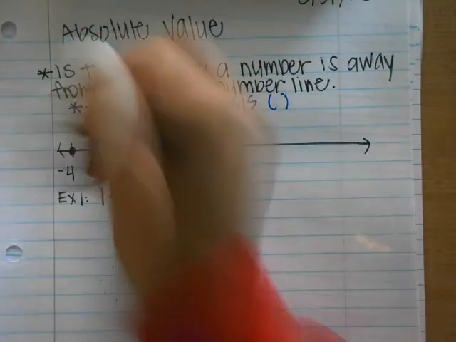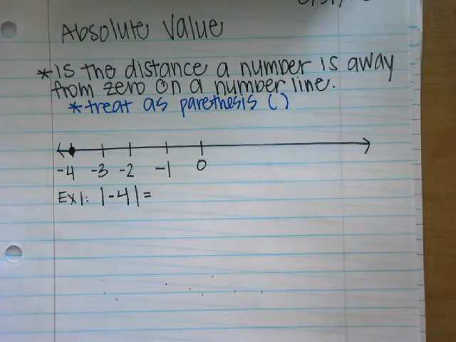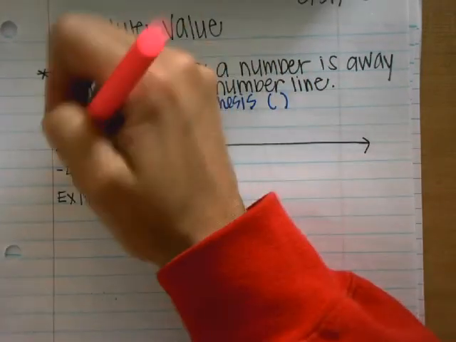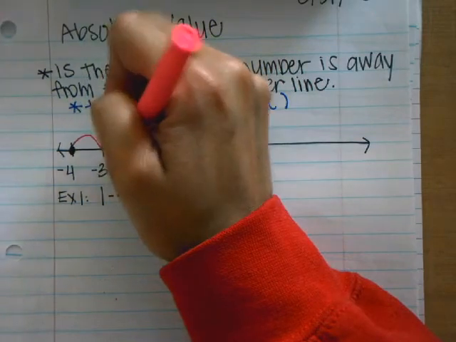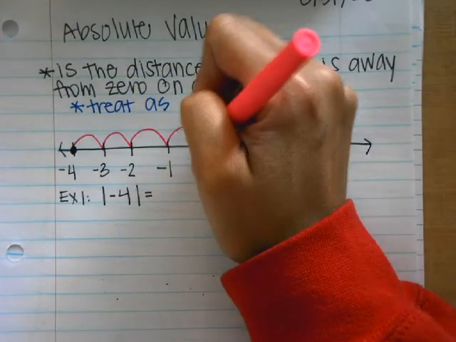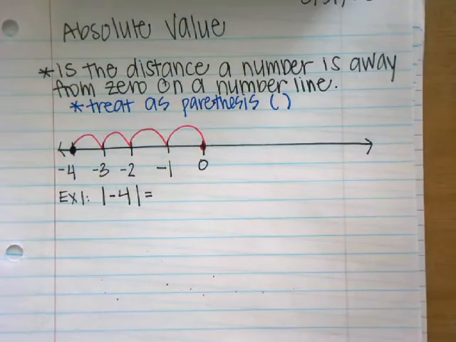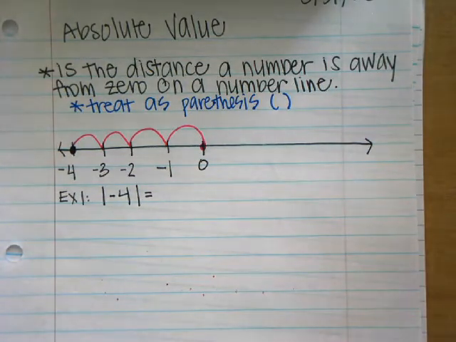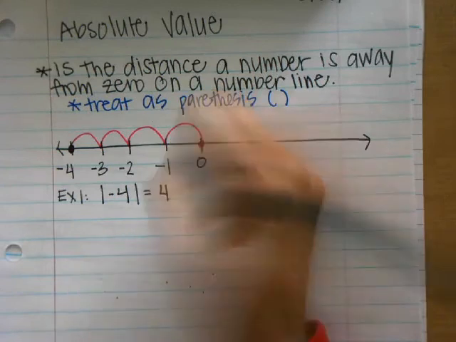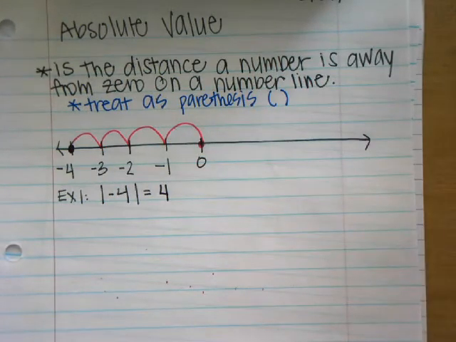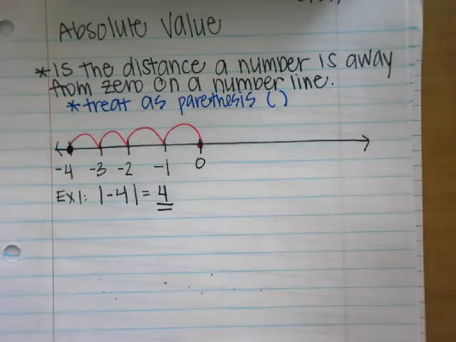You're plotting those points just like you did for homework. And because absolute value is the distance a number is away from 0, you literally count how far away -4 is from 0. How far is it away, everyone? So the absolute value of -4 is 4. And 4 is your answer.